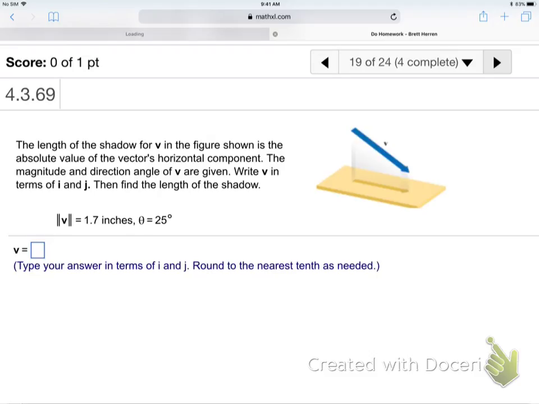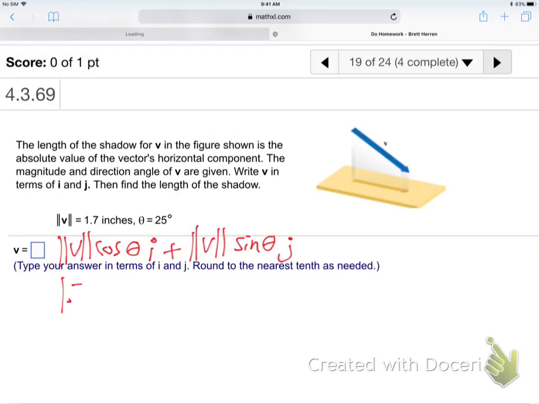So let's find the IJ thing again. You know the formula. It is magnitude of V cos theta I plus magnitude of V sine theta J. So same formula at first. We'll just do that.